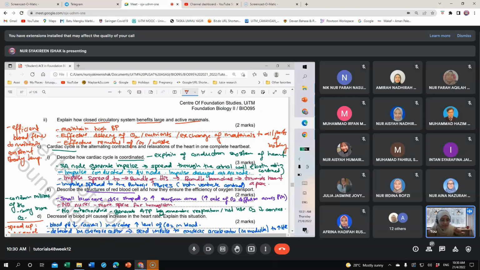How is it controlled? It is controlled by the movement of impulses along the wall of the myocardium. So you have to explain your answer based on the conduction system of the heart. Can you raise your hand, how many answered by explaining the stages of the cardiac cycle?